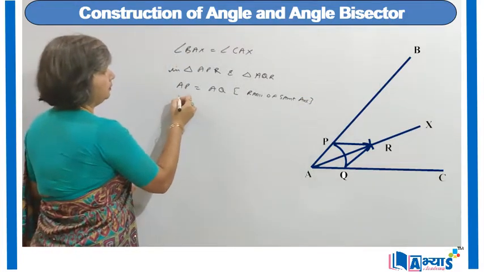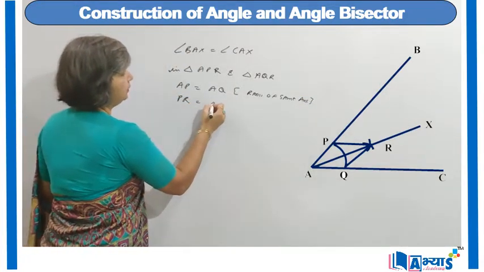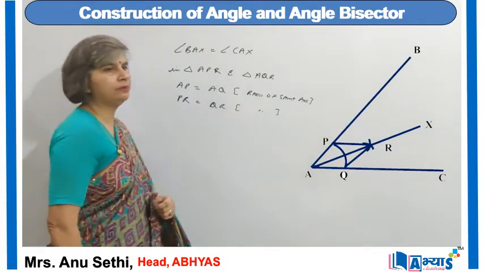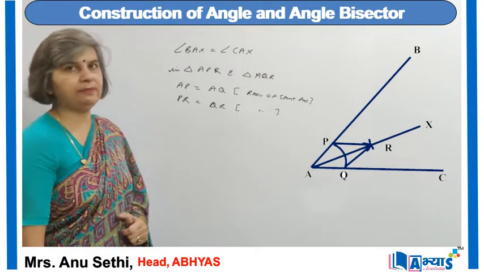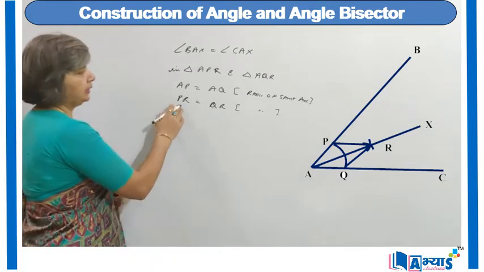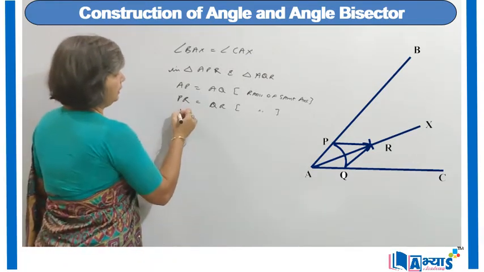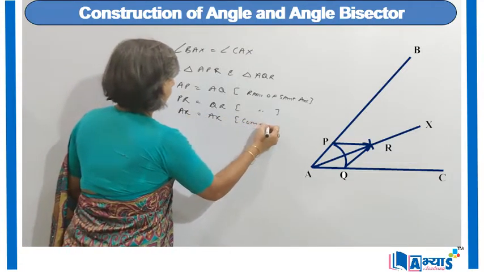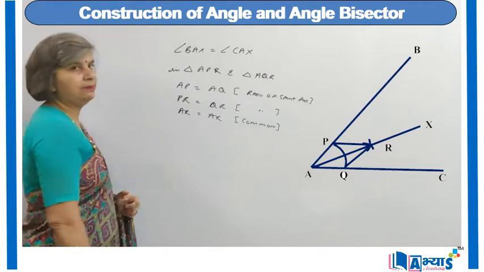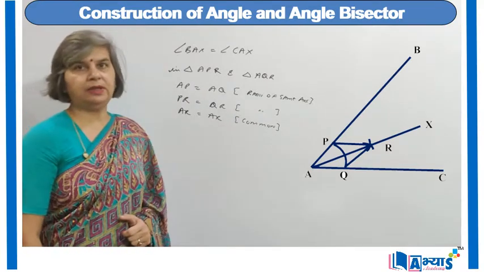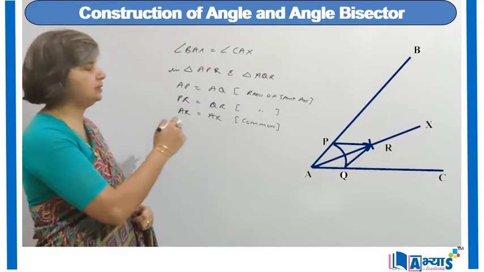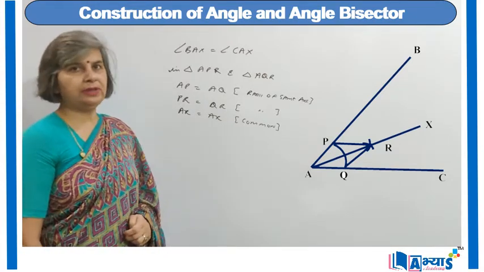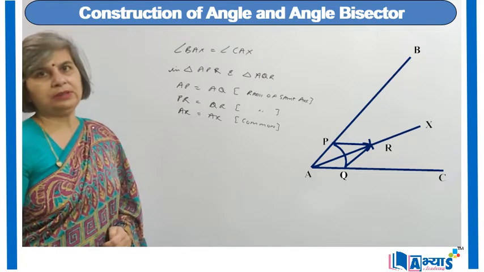Similarly, PR is equal to QR, again the radii of the same arc because both the arcs are of the same radius, and AR is equal to AR, it is common in both. So we can say that AP is equal to AQ because they are the radii of the same arc, PR is equal to QR because both the arcs are of the same radius, and AR is equal to AR, that is common.